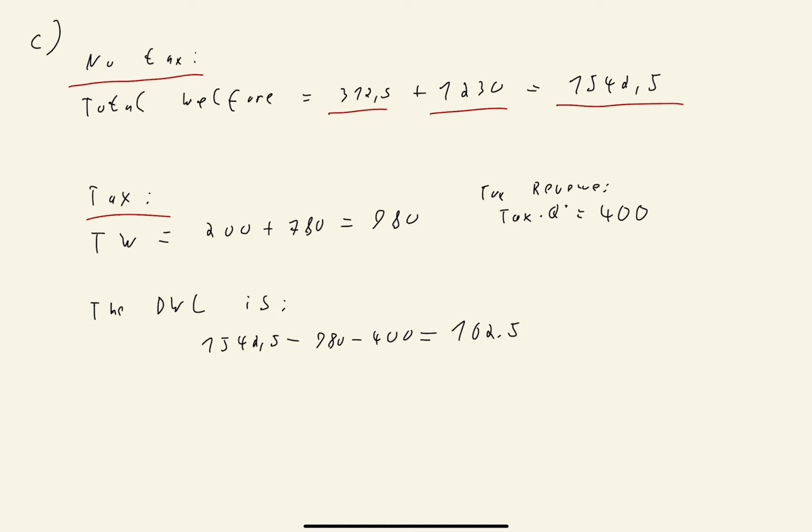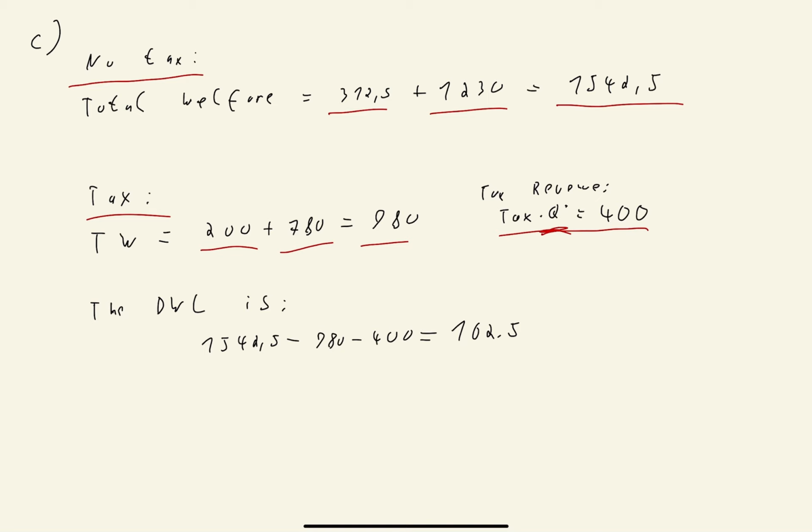Then in the tax environment, we basically have the consumer rent plus the monopolist's profit, and this is 980. But here we have to be careful because we also need to add the tax revenue to the total welfare. So the tax revenue is the tax which is imposed by the government times the quantity which is traded.